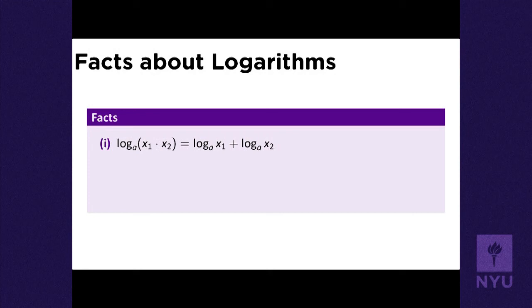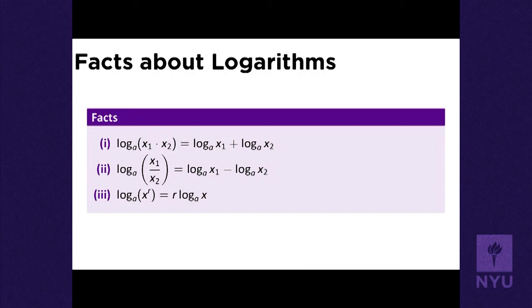The log of a product is the sum of the logs, no matter what base you're taking. The log of a quotient is the difference of the logs, again, no matter what base you are taking. And the log of a power is that exponent multiplied by the log of the base.